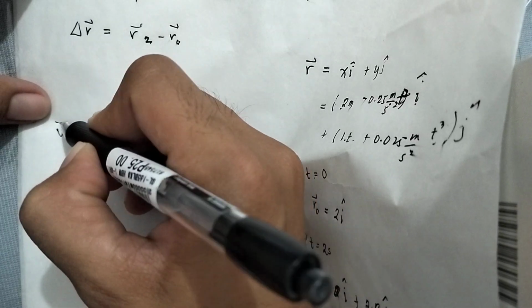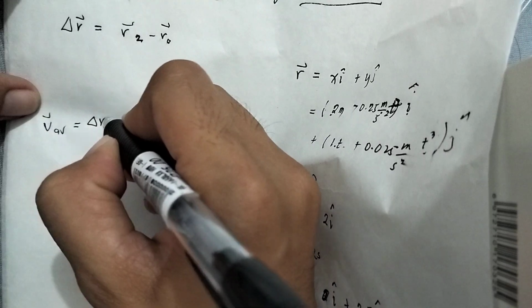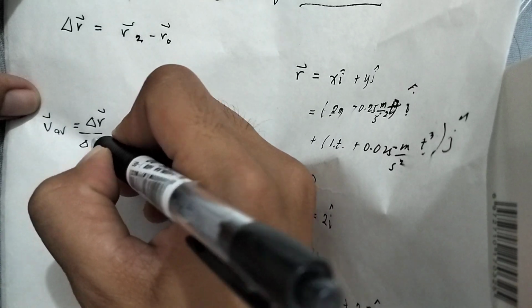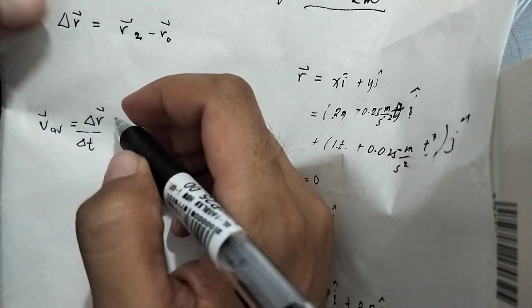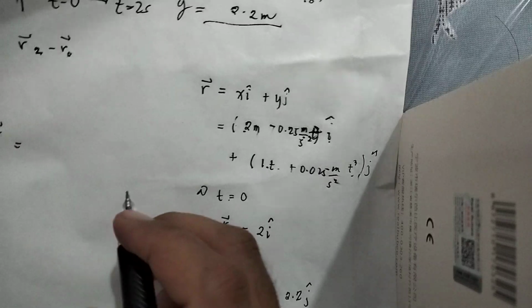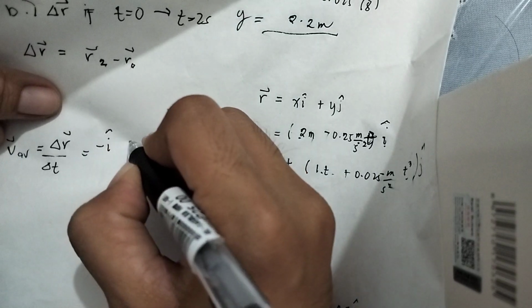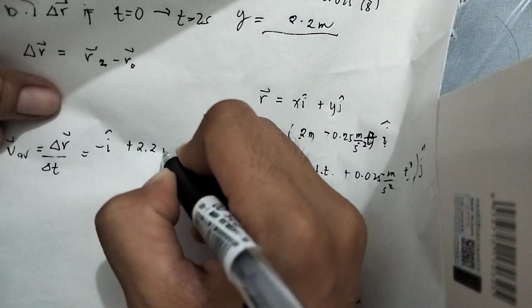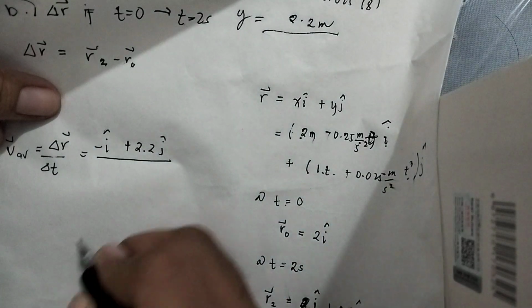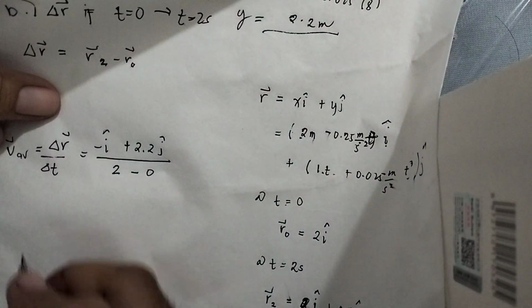Average velocity is delta R over delta T. We have delta R, this one, and delta T is 2 minus 0, so just 2. So, delta R is negative i plus 2.2 j, divided by 2 minus 0 seconds.